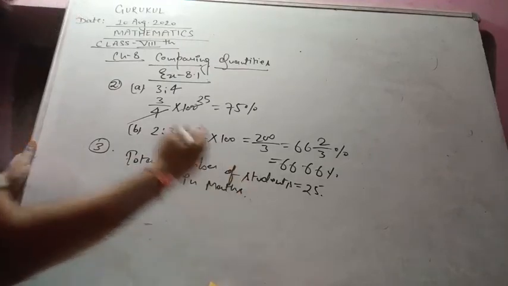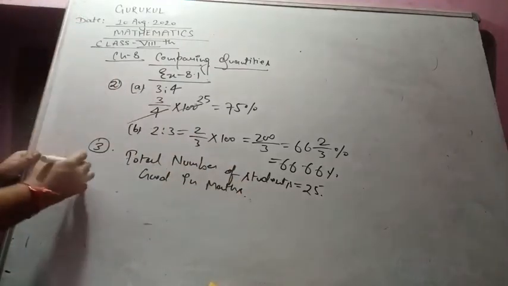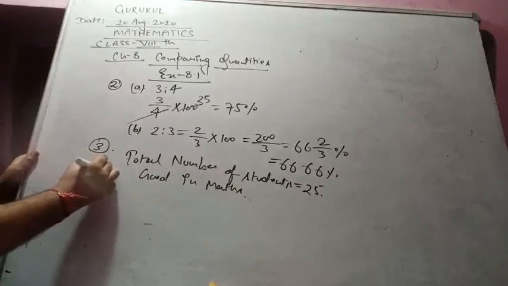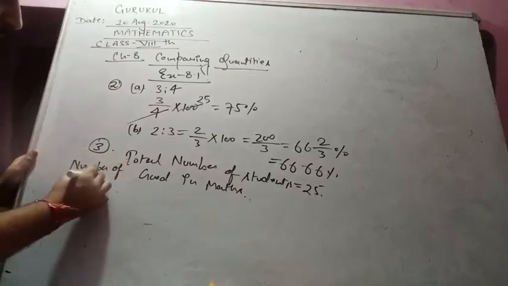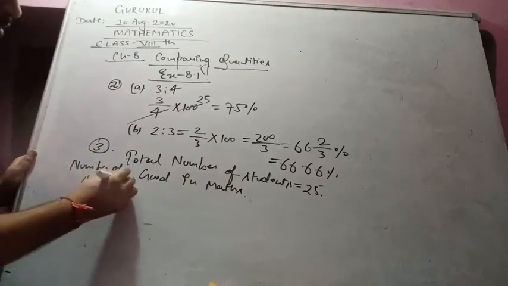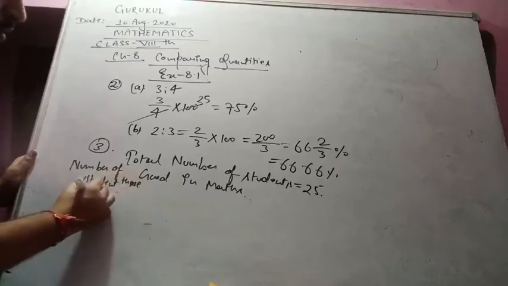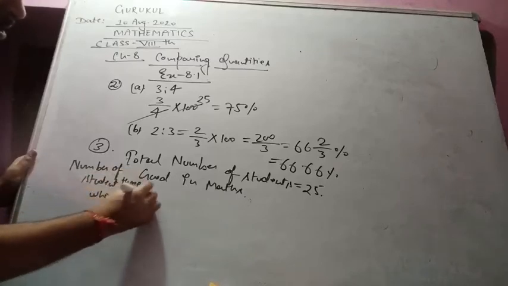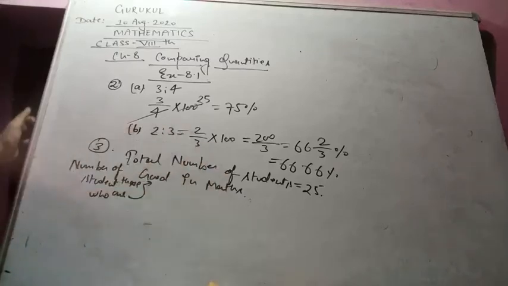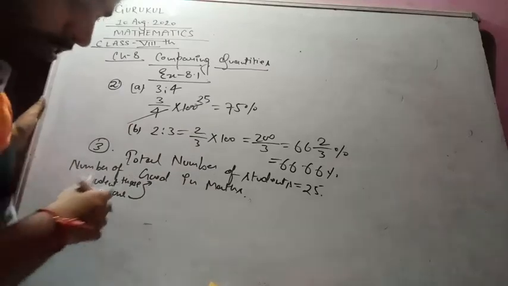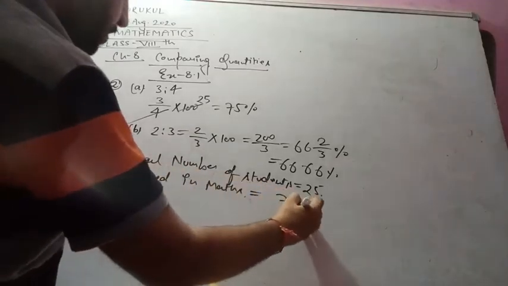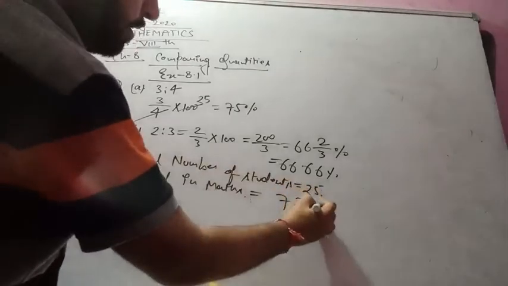We should write it in proper form, grammatical form. So number of students, those who are good in maths. So how many students are good in maths? 72%. Calculate this.